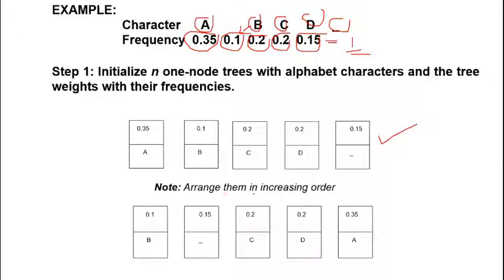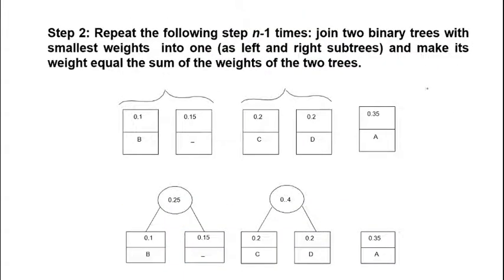We need to rearrange them in increasing order based on the frequency. So this is the first one, the second, the third, the fourth, and the fifth. Finally we need to construct the tree based on the pairs of these frequencies.